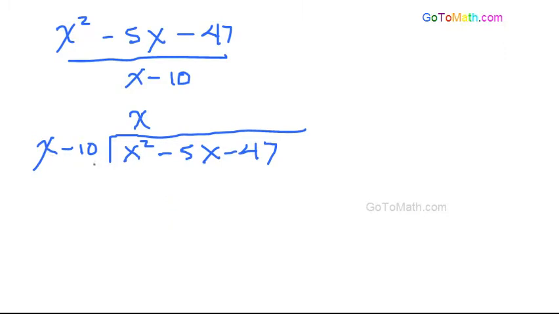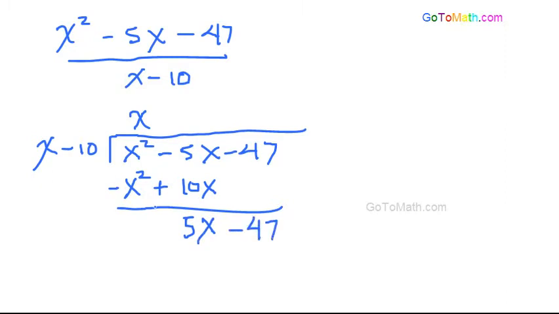So then we go x times x is x squared. Whoops, and then x times 10, you got minus 10x. So now we're going to go minus, and that's going to turn that to a plus, and that'll be 0, and negative 5 plus 10 is 5x. Then minus 47. Right? X goes into 5x, we're going to be left with just a plus 5.